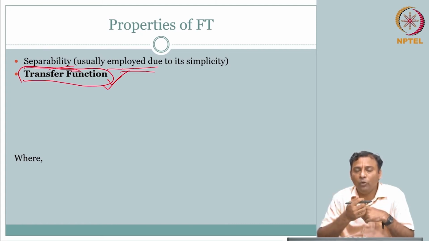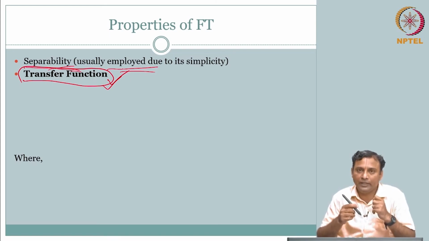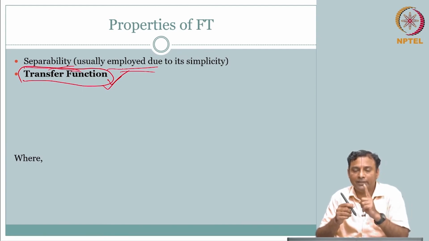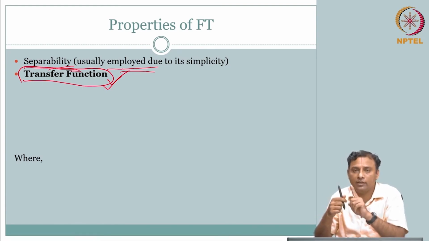Think about how we did it in the spatial domain; the same equivalent we should do. There we presented the system with an impulse, and whatever came out we said is how it responds to that impulse.